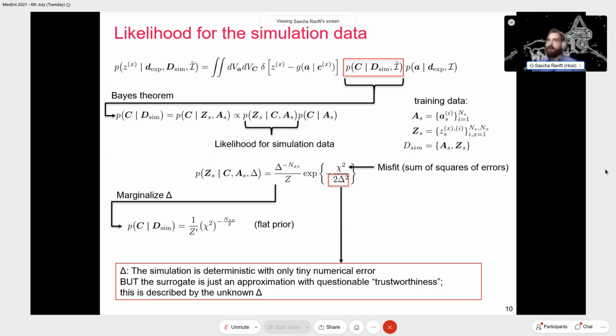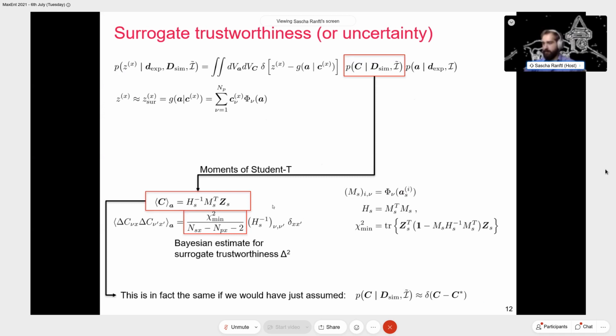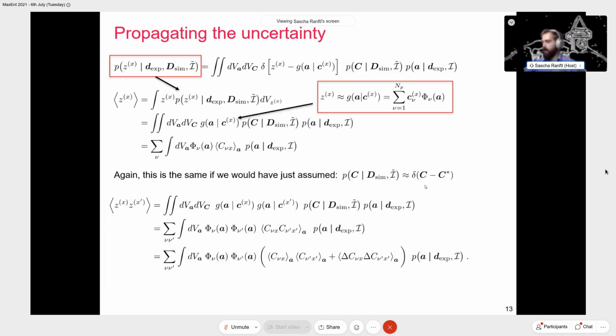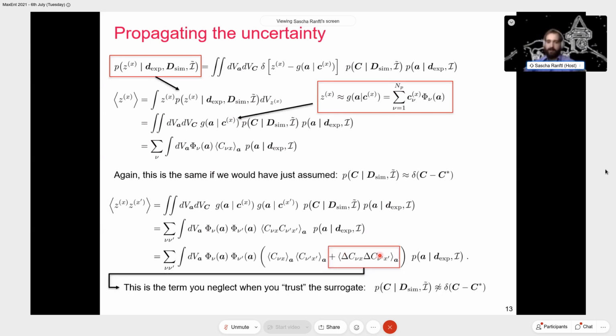Yes. So in the paper there's a specific measure that I propose for this. Let me try and find the slide where I wrote it down. So how could you measure this surrogate trustworthiness? I said before that if the surrogate is perfectly trustworthy, then this term here vanishes, right?